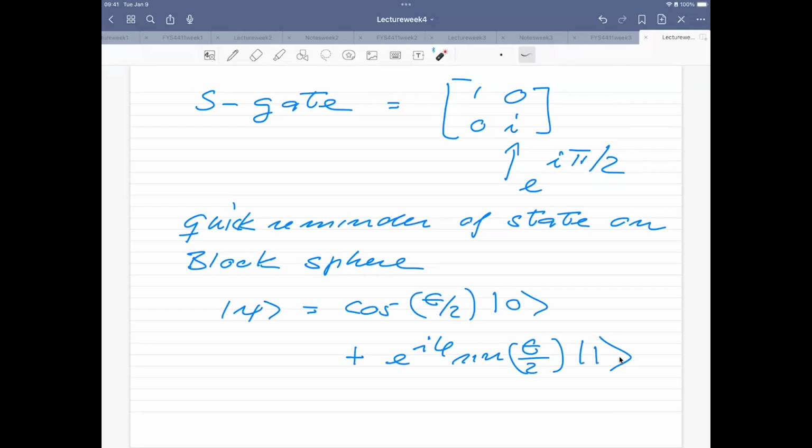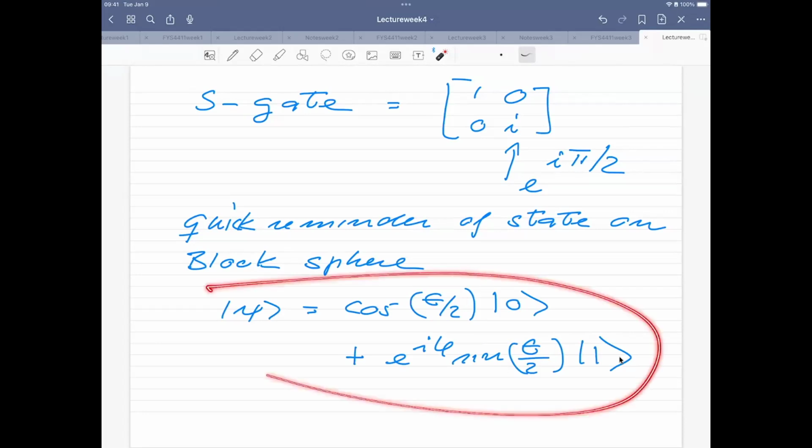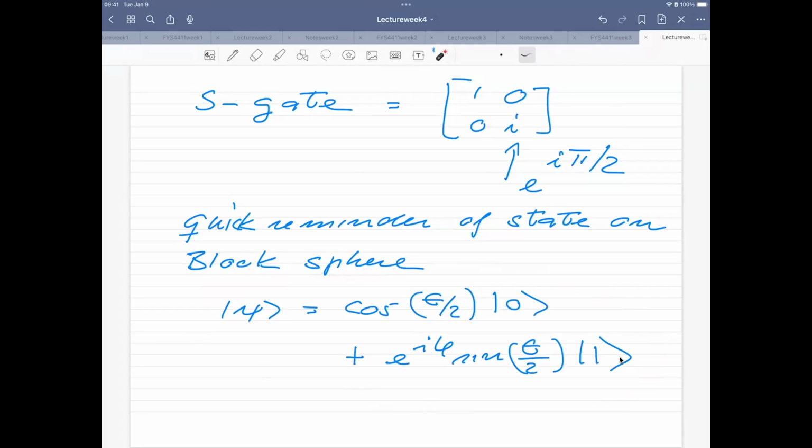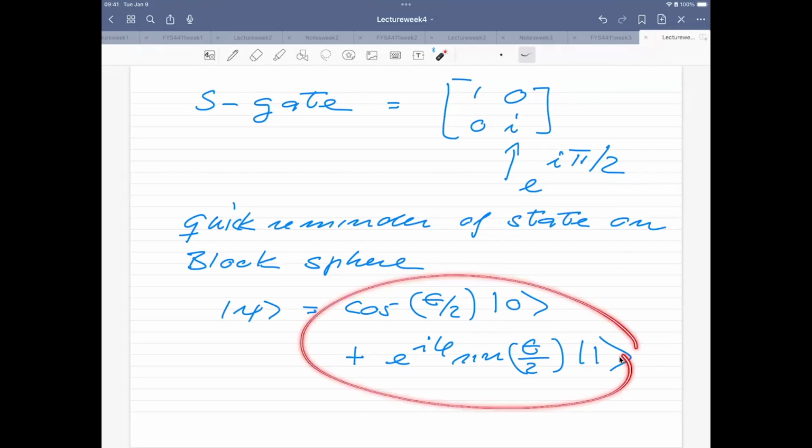So the whole recipe is, this is a general state on the Bloch sphere, and it could be the solution to a specific Hamiltonian. These states are the eigenstates of the Pauli Z matrix. But if you have a Hamiltonian which is a mixture of Pauli X, Pauli Z and Pauli Y, then this will be a general state whose angles we have to find. I mention this because I want to anticipate the variational quantum eigensolver, which we will discuss in detail next week.